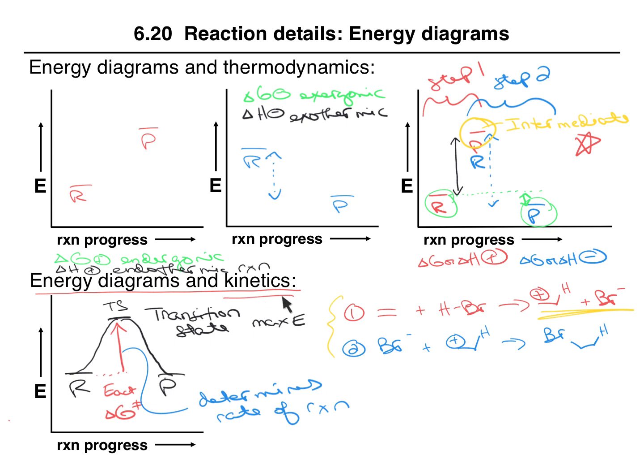When we're talking about kinetics, the focus is on the transition state and the activation energy, which determines the rate of the reaction. So the rate of the reaction depends on the reactant and the transition state. It has no impact or no dependence on the relative energies of the reactant compared to the products. So kinetics are independent of thermodynamics. Thermodynamics are independent of kinetics.